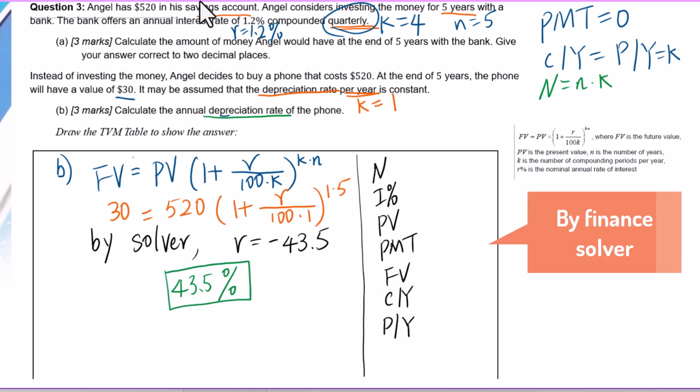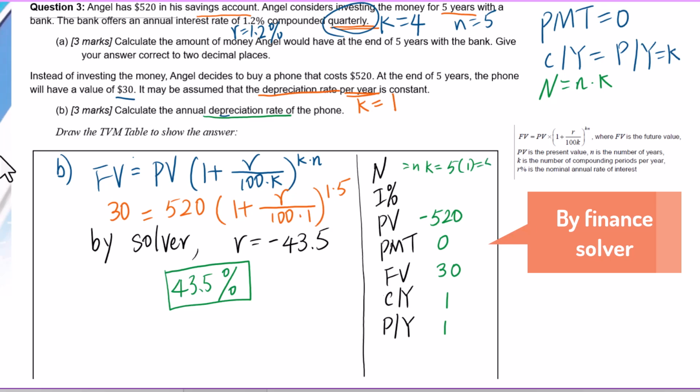CY, PY both 1. Future value is 30. PMT is 0. Present value is negative 520. Interest rate is something we are looking for. Capital N equals N times K equals 5 times 1 equals 5.